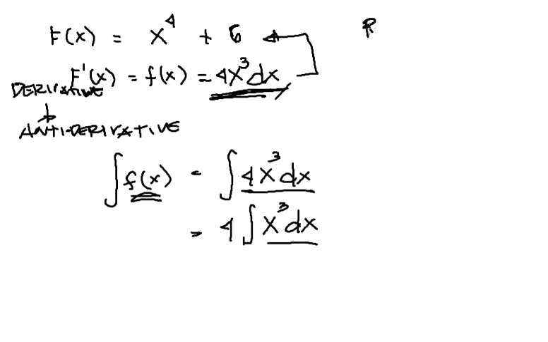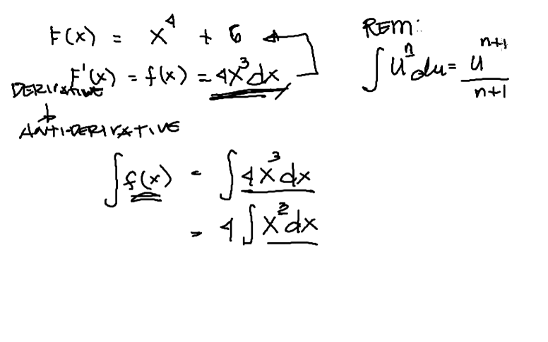Remember again that according to our power rule, a variable u raised to some number n, which is our 3 here, the integral of this is just u, copy the u, and then n plus 1 all over the new power, which is n plus 1. Then of course our plus constant c.